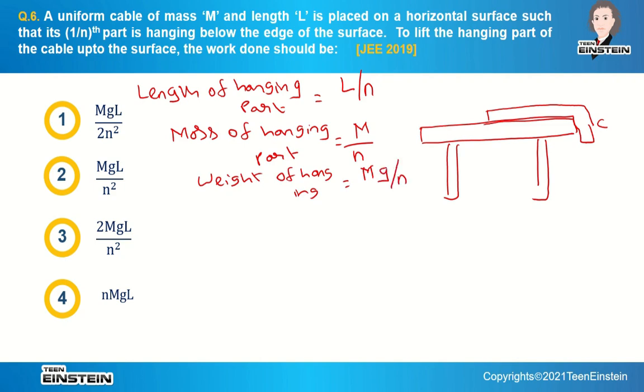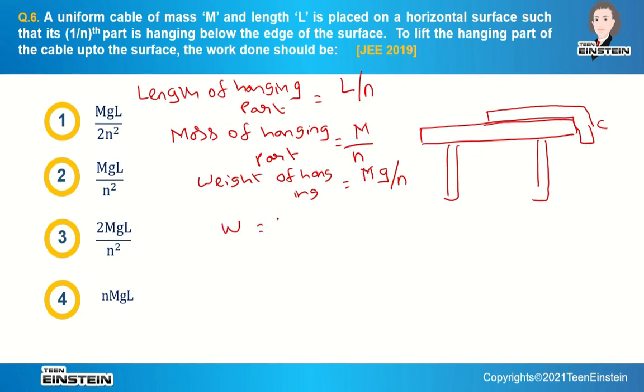mg by n. Okay, so let the center of mass of the hanging part be considered. The hanging part can be assumed to be a particle of weight mg by n at a distance L by n below the tabletop. The work done in lifting it will be equivalent to the increase in its potential energy.